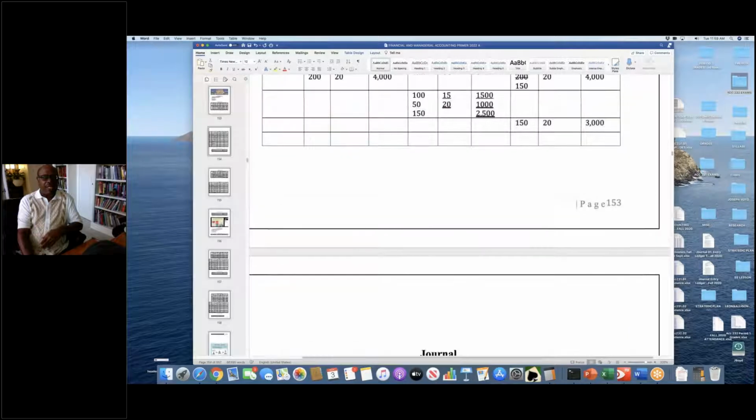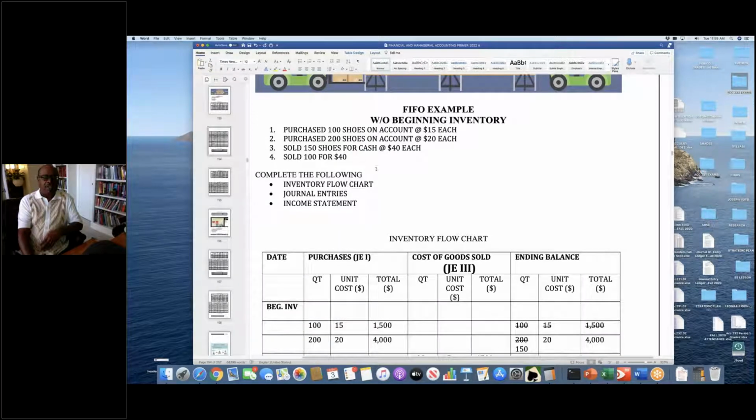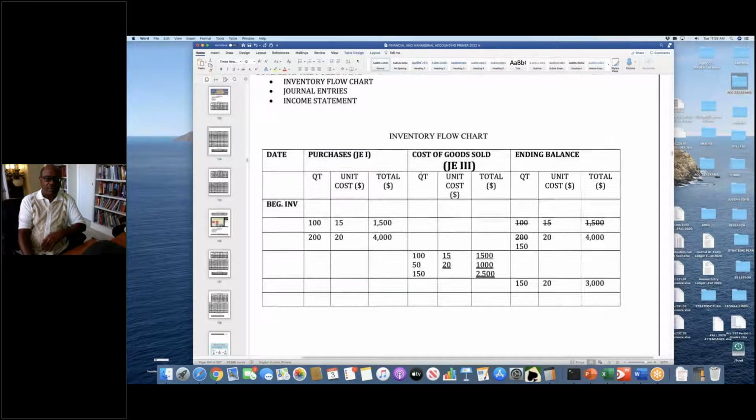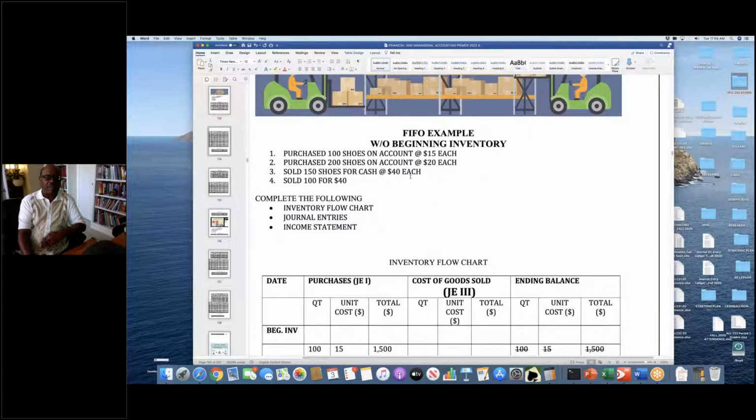So we said we sold another 100 pairs of shoes for $40. What are you gonna do here, Zahid, for the first entry? So the first one we're gonna do the same way we did, 100 shoes for 20, because that's what we left with, 150 for 20 each. Wait a minute, I didn't ask you that yet. Oh, that first entry when we sold 100 for 40.